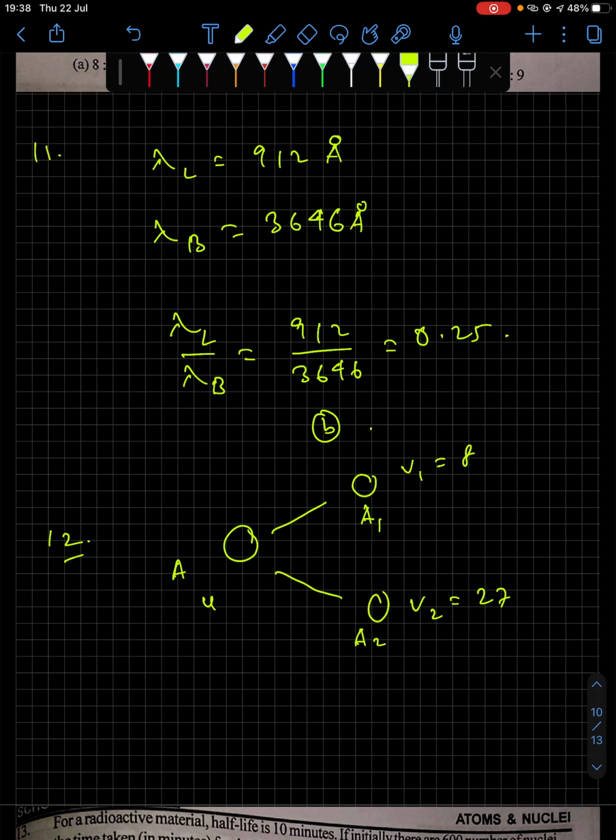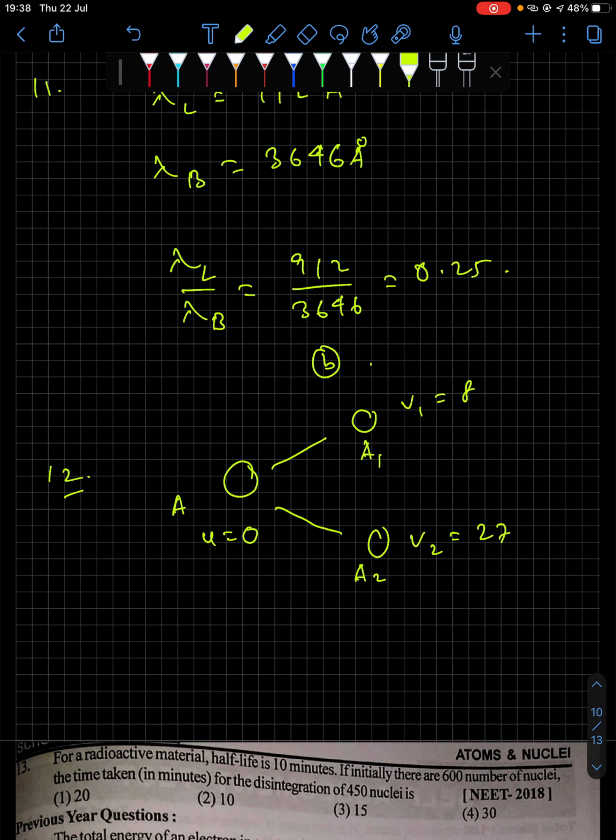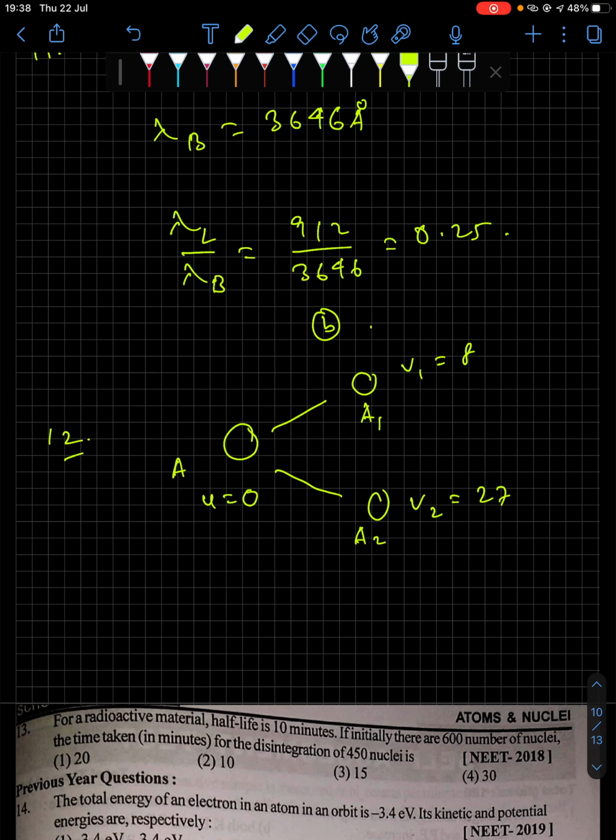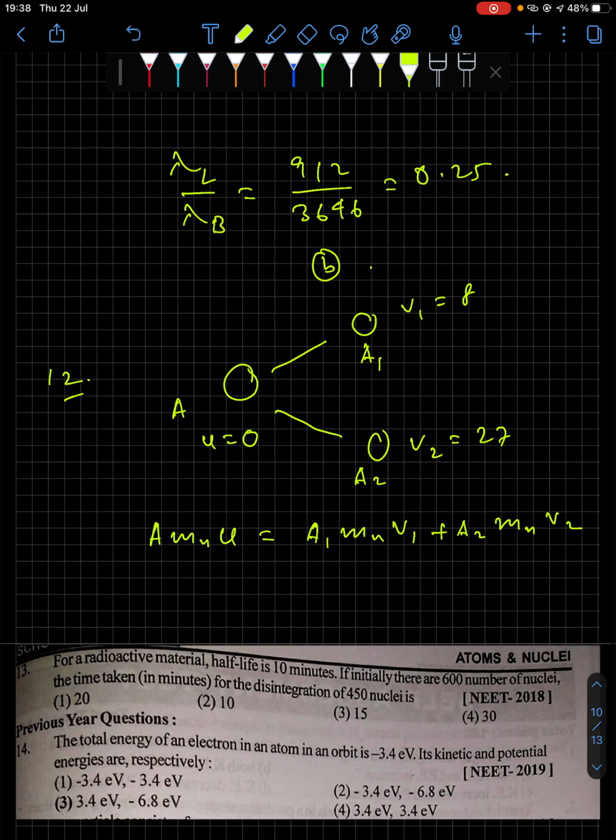A is the mass number of the parent nucleus, and since it was at rest, U is 0. Now by momentum conservation you can say: A times mass of each nucleus times speed of parent. This is momentum before collision. A1 times mass of each nucleus times speed of the first nucleus, and the second one, A2, Mn, V2.